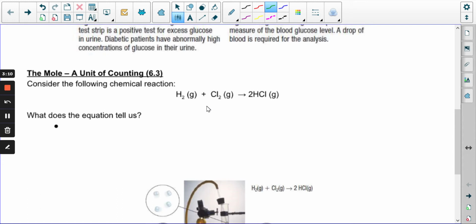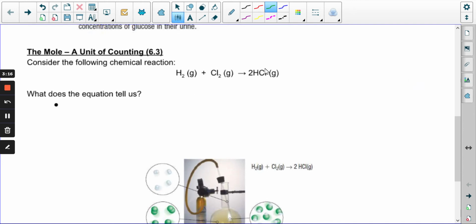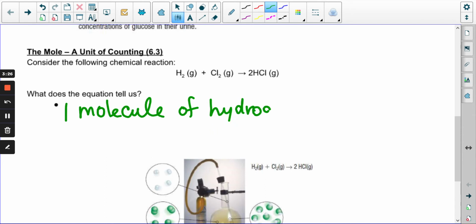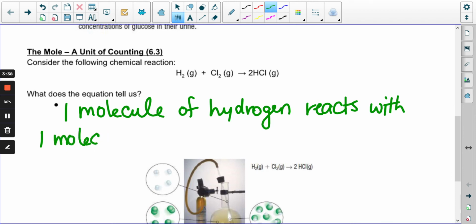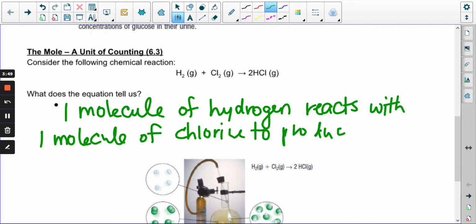Just looking across this, what this tells us, almost like what we would write as a sentence, is that one molecule of hydrogen reacts with one molecule of chlorine to produce two molecules of HCl.